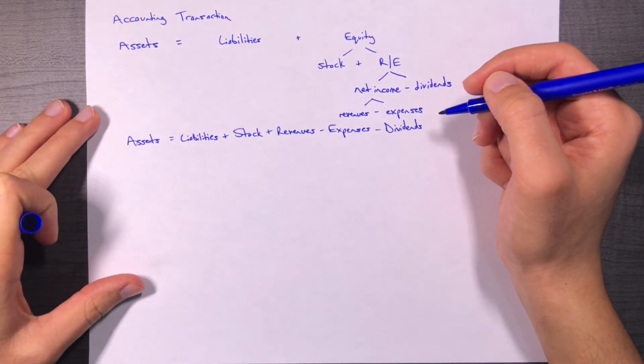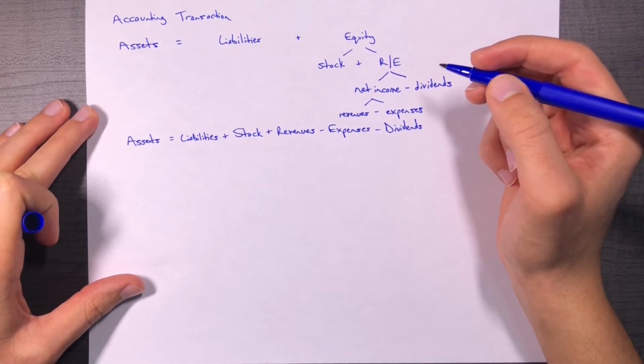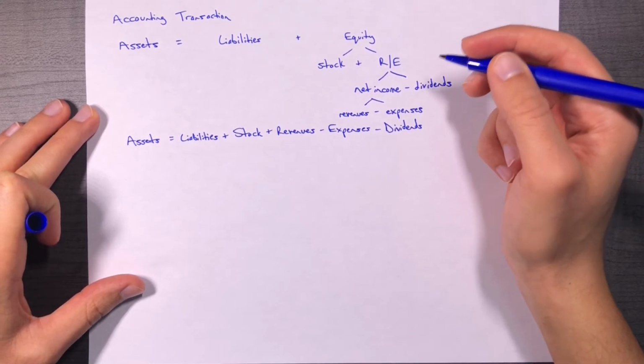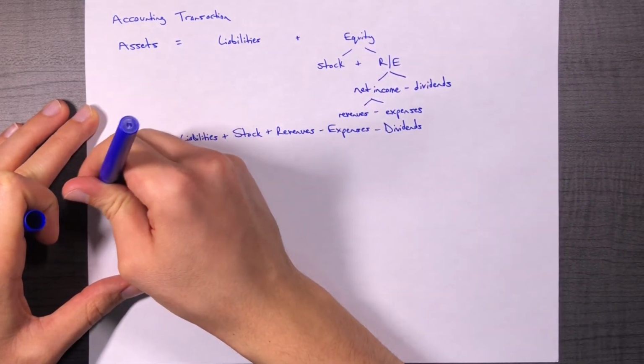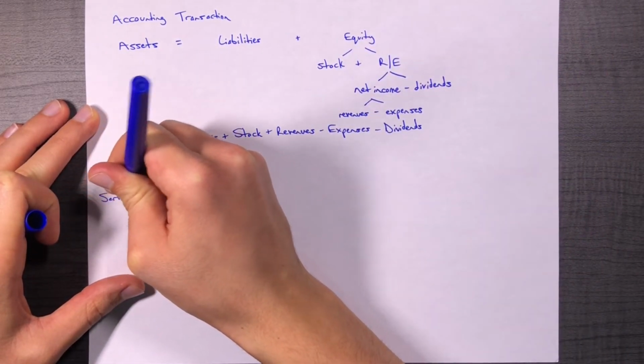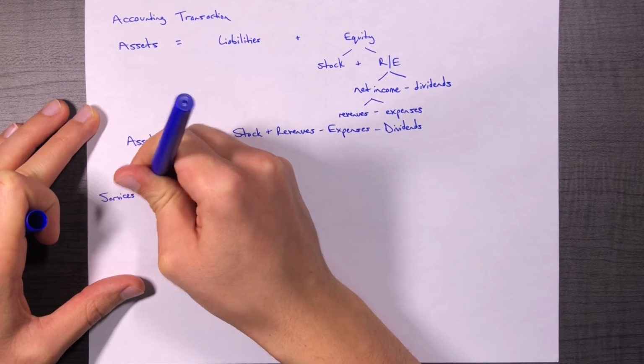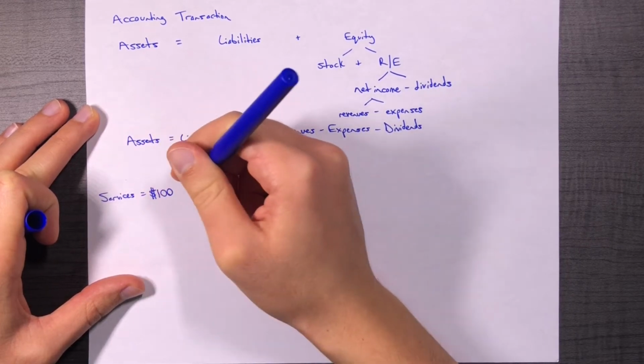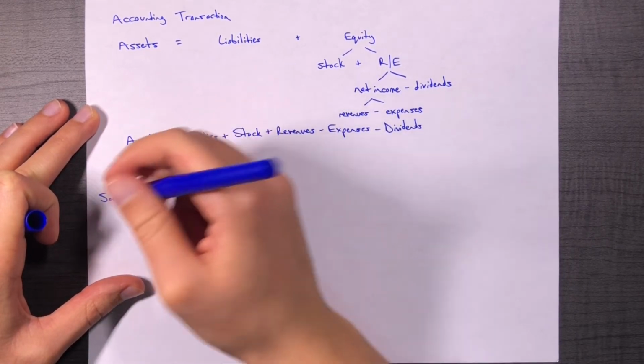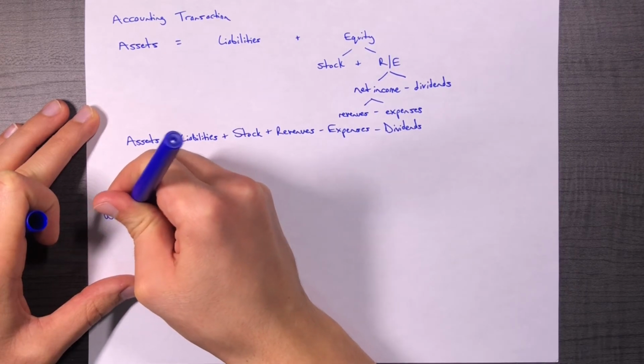Let's say we run a consulting business providing services to our customers. Our first accounting transaction is we perform services for a customer in exchange for $100 cash. Next, we pay $50 in wages in cash.